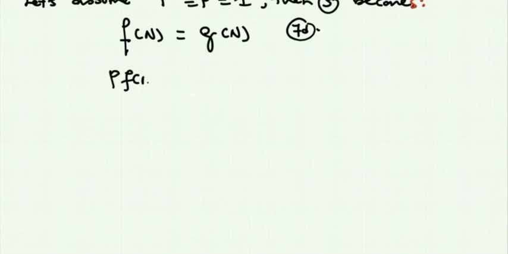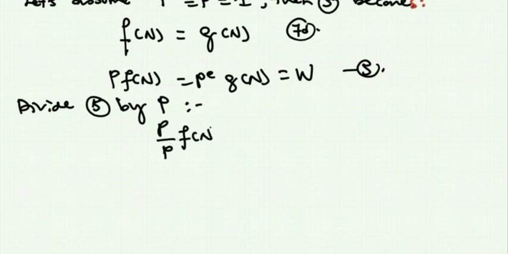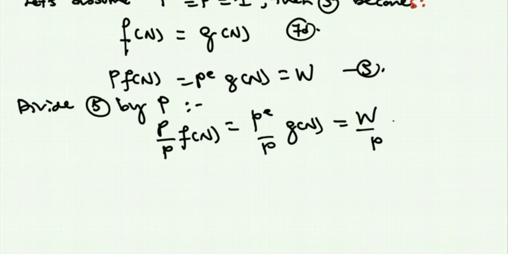Remember, PFn equals to PEGn equals to nominal wage W, isn't it? This is 5. What we do with 5, divide 5 by actual price P. So what happens? We can have P over PFn equals to PE over PGn equals to W over P. When W over P, it means real wage.